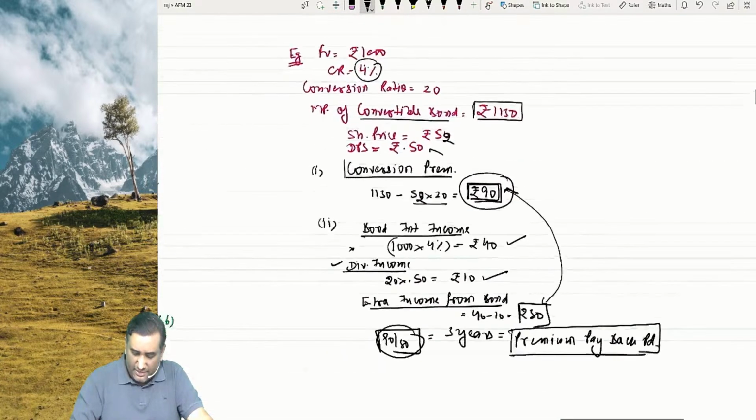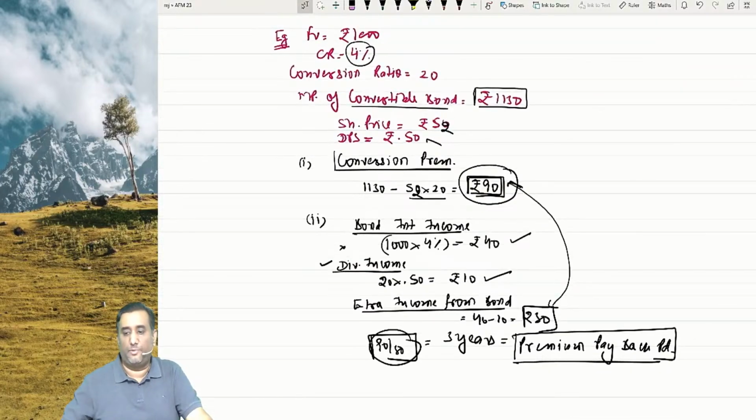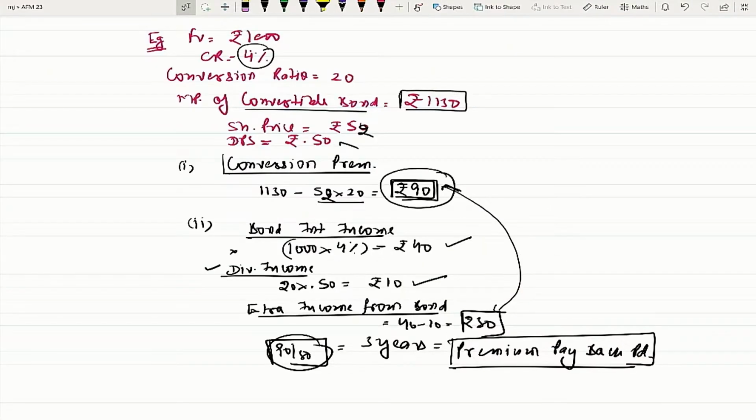Want to copy the data, that's fine, else continue. Basically the premium payback period is nothing but in how many years the increased income will recover your extra payment.